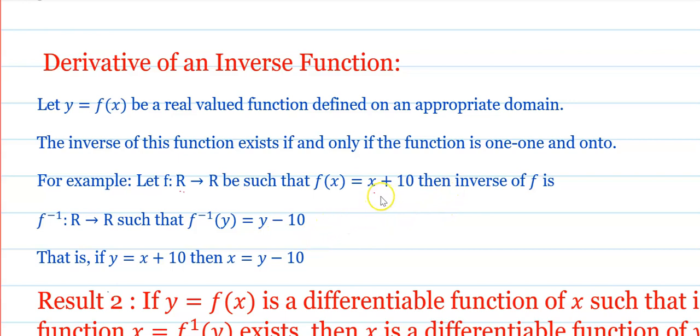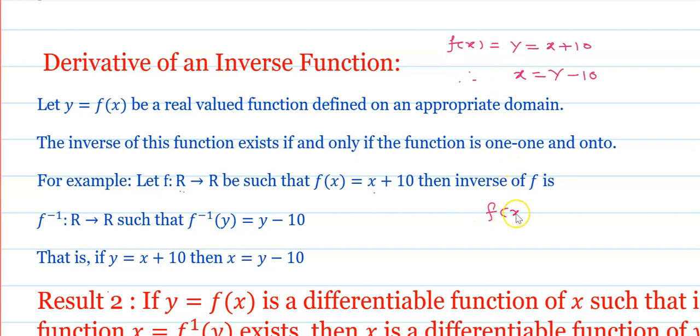See how this y minus 10 comes. Now we have f of x is equal to y is equal to x plus 10, and therefore x is equal to y minus 10. Now here see this, f of x is equal to y.